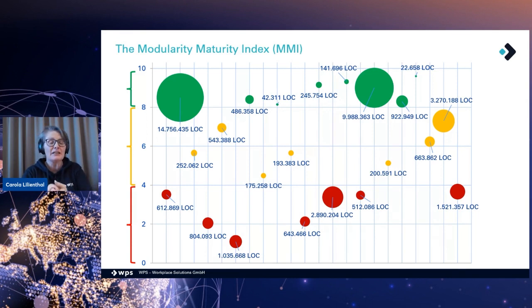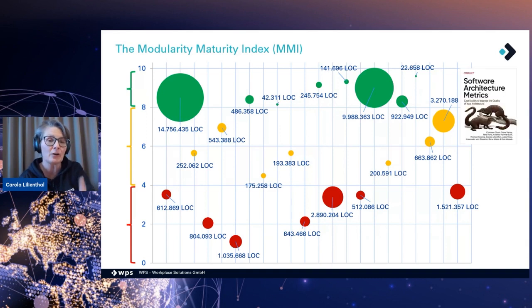If you need an explanation of how we got to these results, you can look into the book Software Architecture Metrics, where I had the chance to write one chapter, and there I have explained in detail how to come to these results. The thing that you have to remember here is there are systems that are very bad in their modularization. There are some systems that are yellow, so in between, and there are also systems that are very good, that are green.